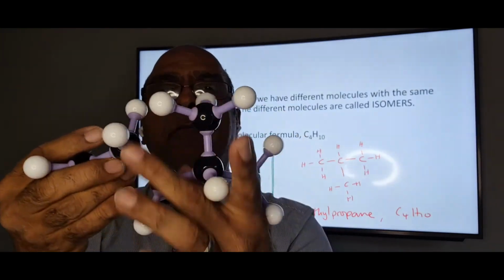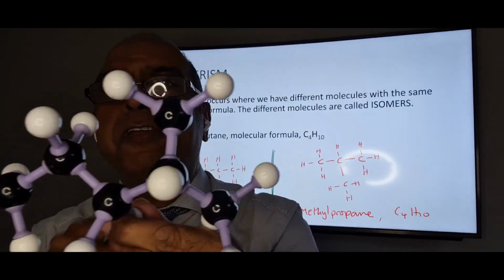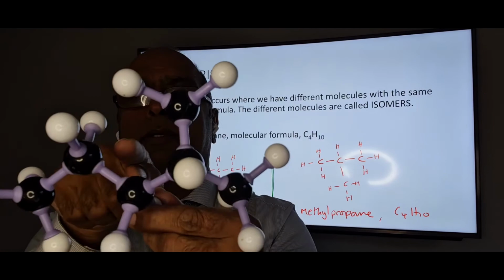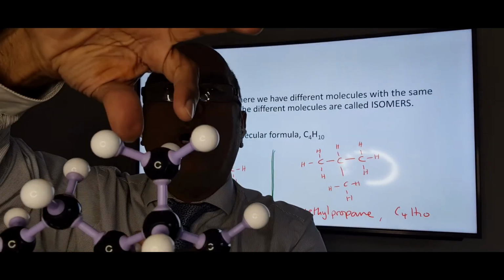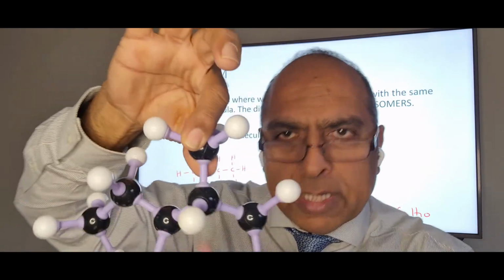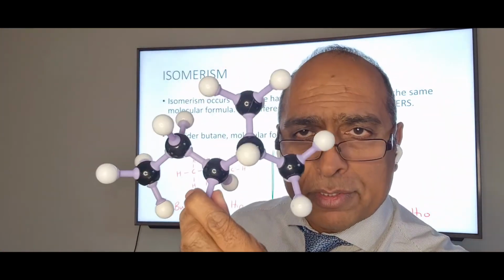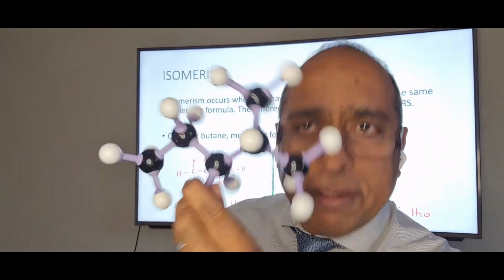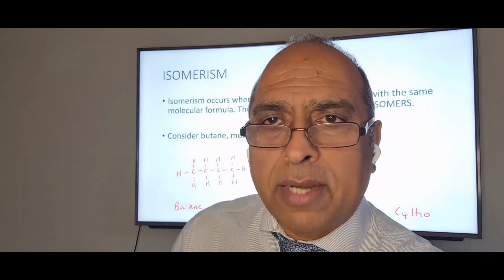Now that is fundamentally 5 carbons in a straight chain there, with 1 carbon as a branch. And that's fundamentally different. The linkaging is different. Where the linkaging is different, then that's an isomer.